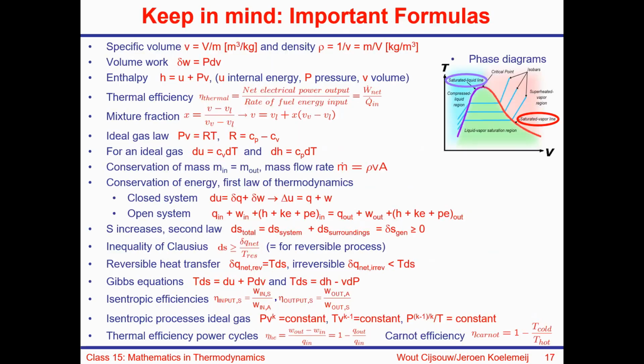Great. Now here you see a slide that you've seen before. It's stuffed with equations, useful equations and relationships that you've learned about. It doesn't hurt to try and memorize these occasionally, and also perhaps the form of the phase diagram here with the vapor dome.